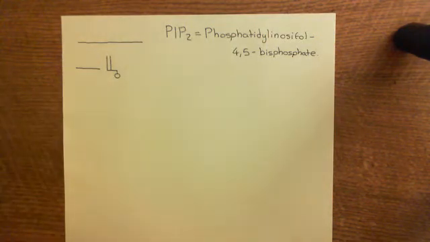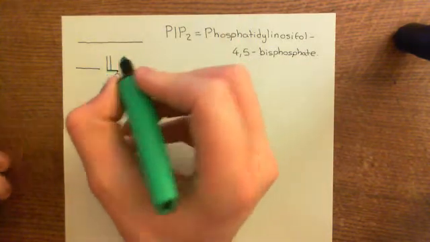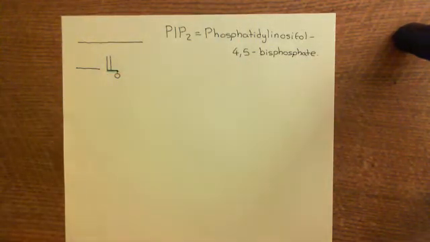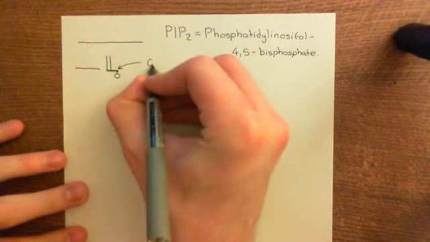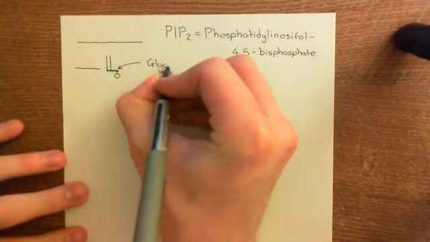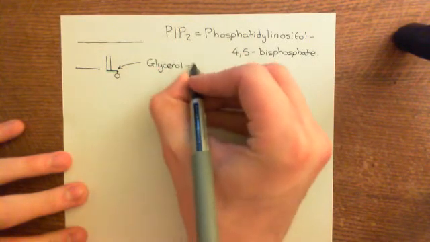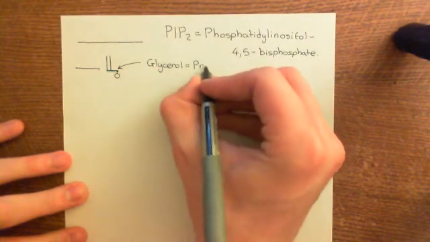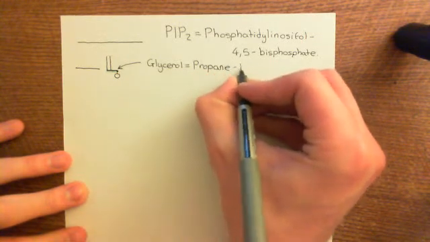We'll start with the main backbone structure, which I'll highlight in green. This horizontal line that I've highlighted in green represents glycerol. Its proper chemist's name is propane-1,2,3-triol.